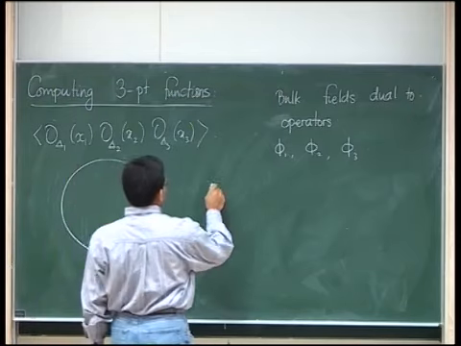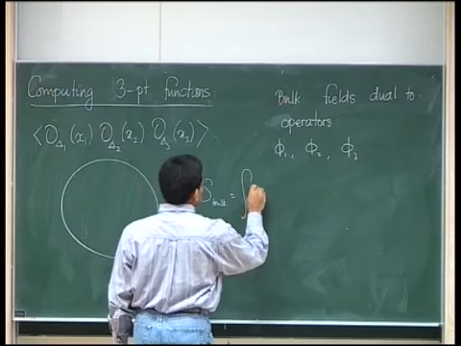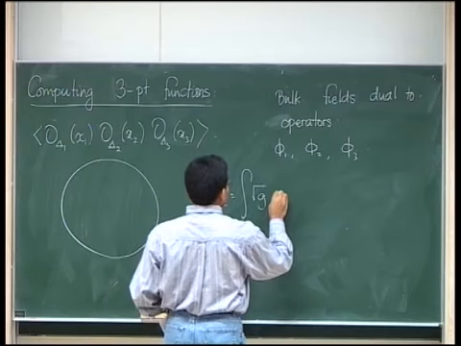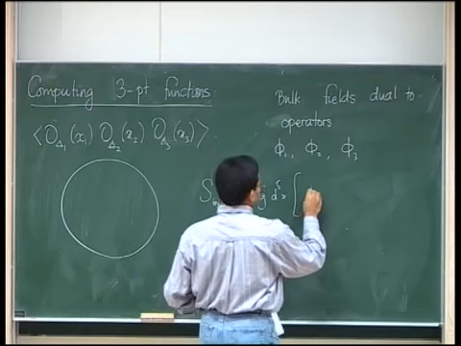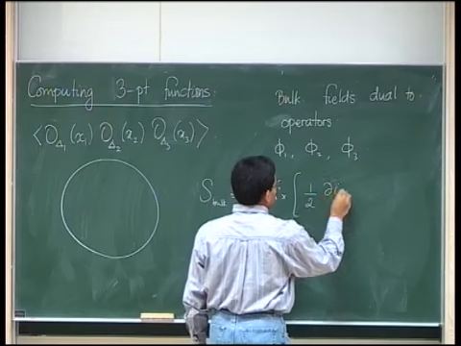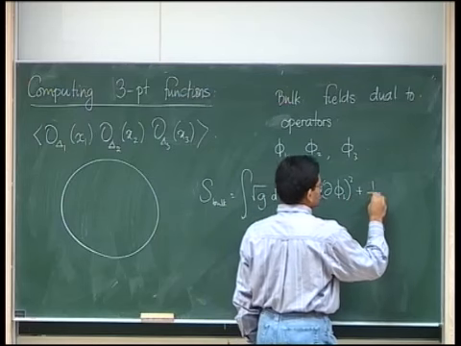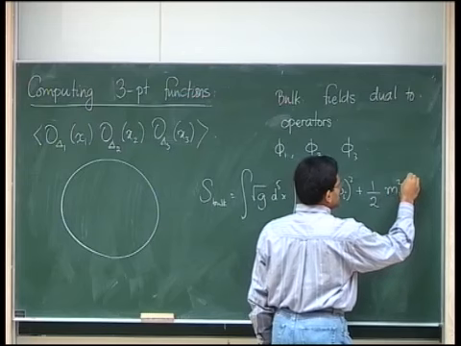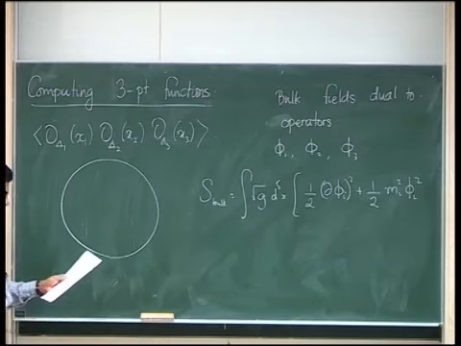And the bulk Lagrangian has kinetic terms and mass terms for the scalars.